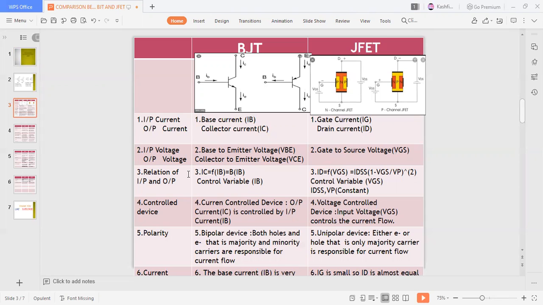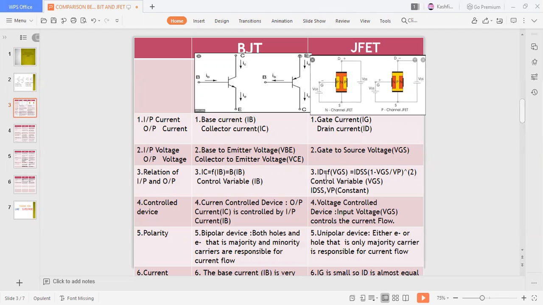For BJT, the collector current IC is a function of base current IB and it is IC equals beta IB. Here beta is a constant. So if we change the value of IB, then only the value of IC will get changed. So here IB is the control variable.